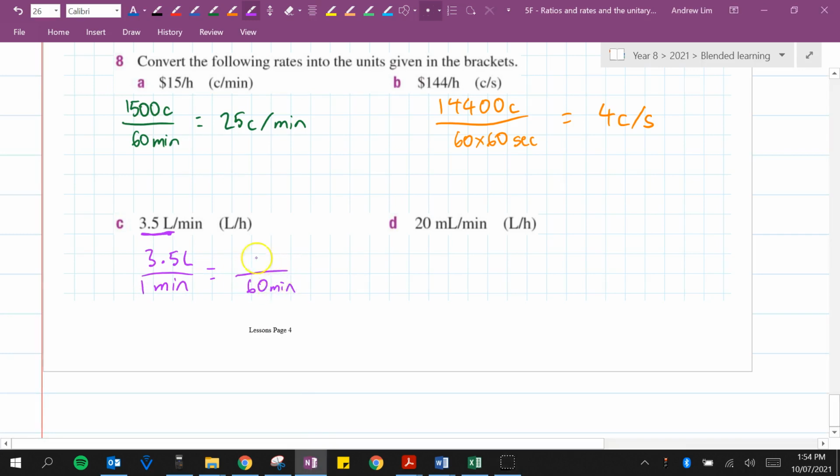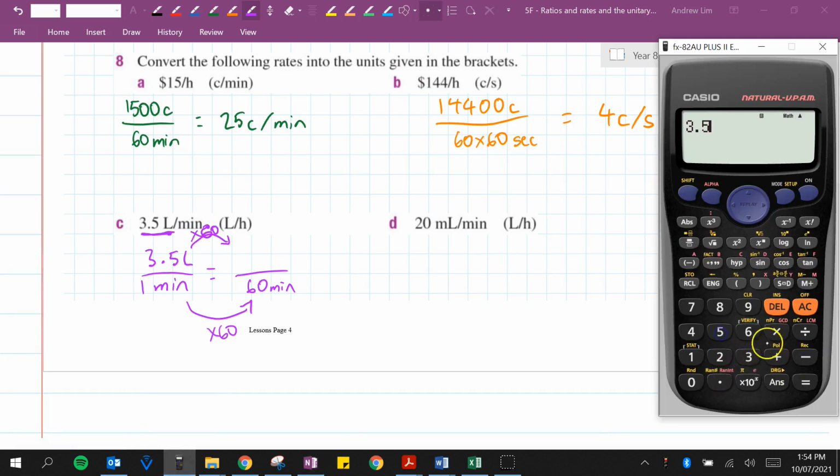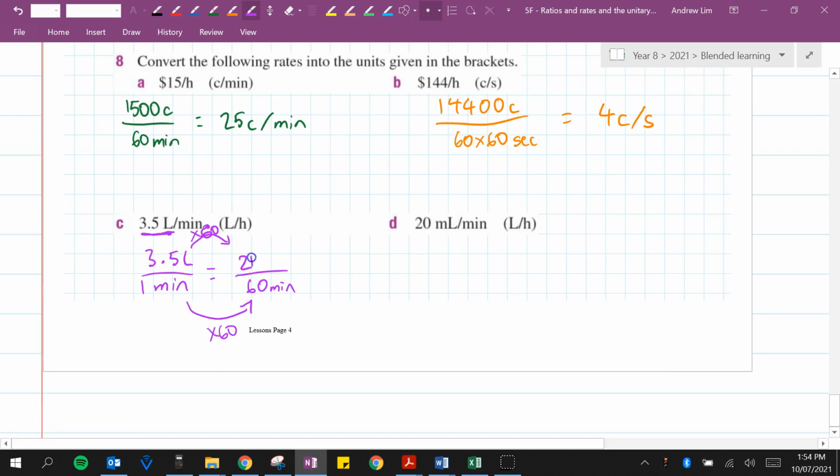So how do we convert 1 minute into 60? We need to times it by 60. So I'm going to do the same thing over here. 3.5 times 60, which is 210 liters per 60 minutes, therefore 210 liters per hour.